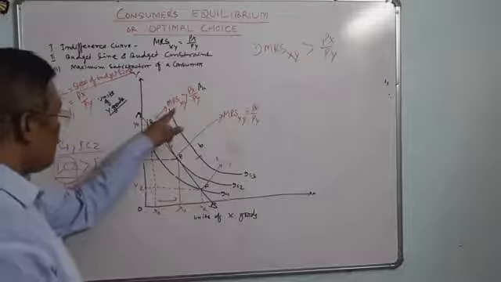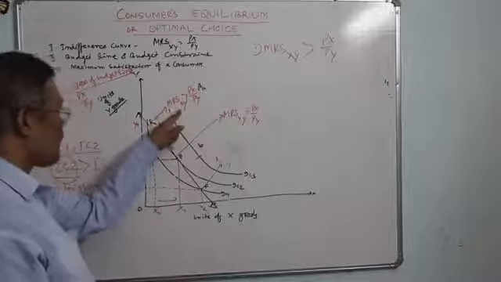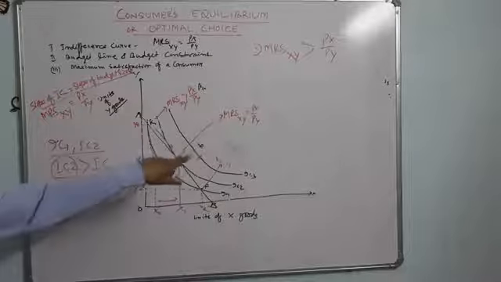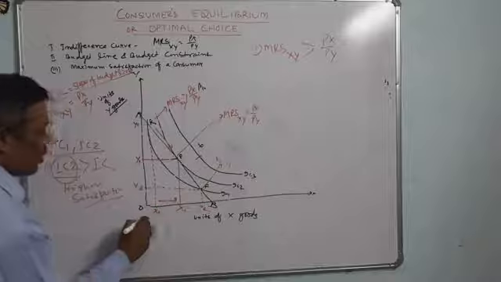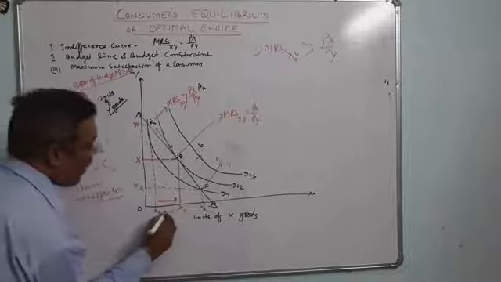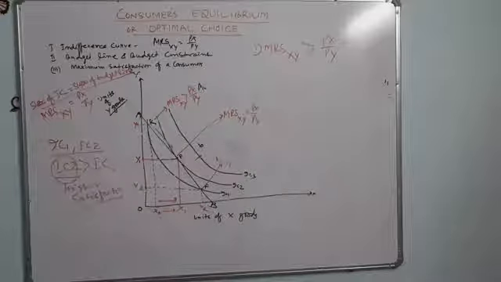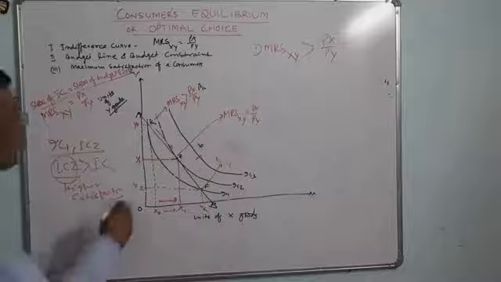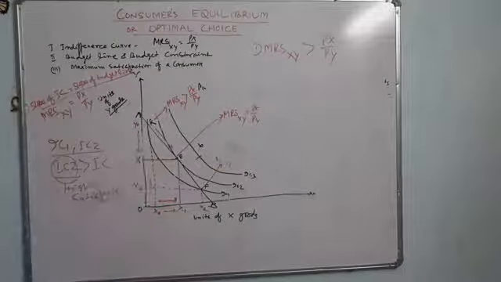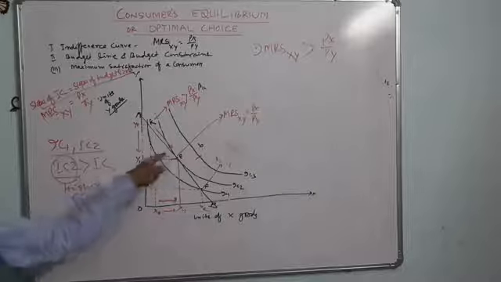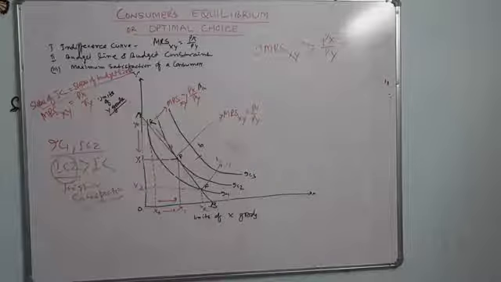If the consumer is at this point, MRS of X for Y is greater than PX upon PY, so the consumer will prefer more of good X, from X0 to X1, and will reduce good Y from Y0 to Y1 to reach the equilibrium point E.